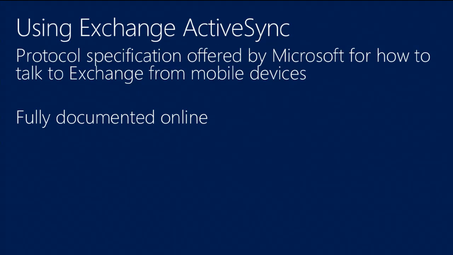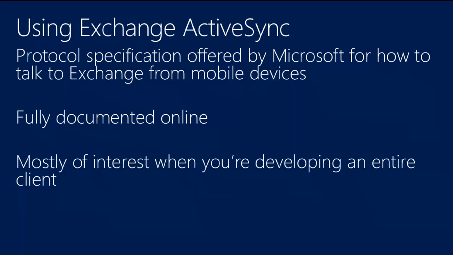Okay, the protocol is fully documented. Generally, Exchange ActiveSync is going to be interesting if you're doing something like developing your own messaging client. Let's say you wanted to develop your own calendar application for some reason. Well, you could do that.